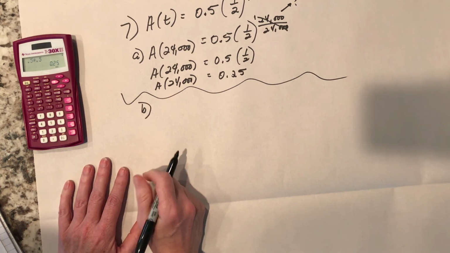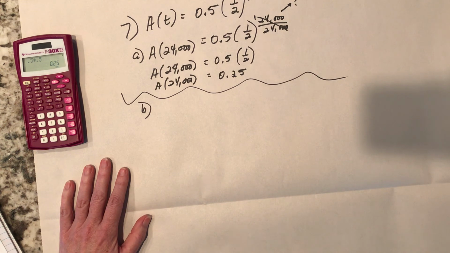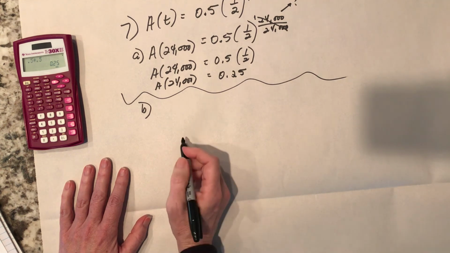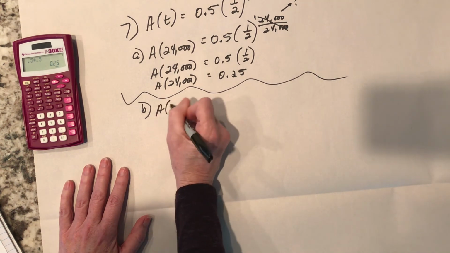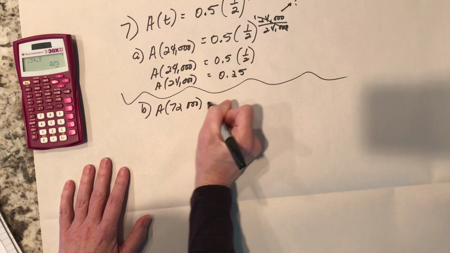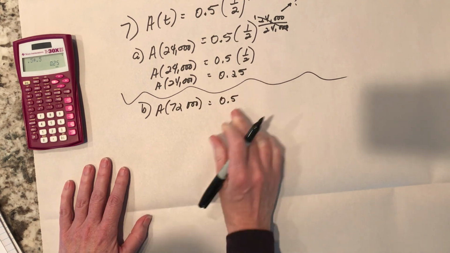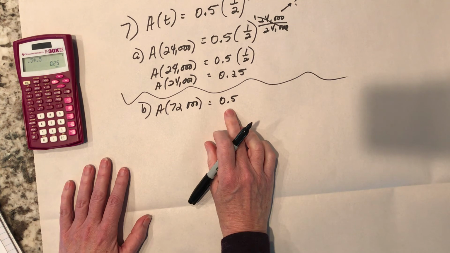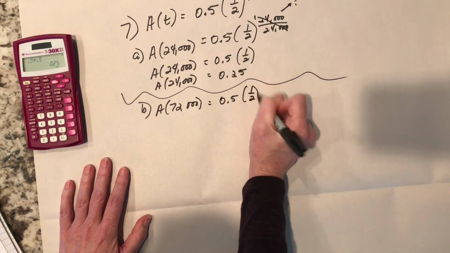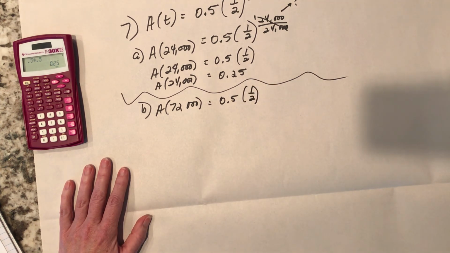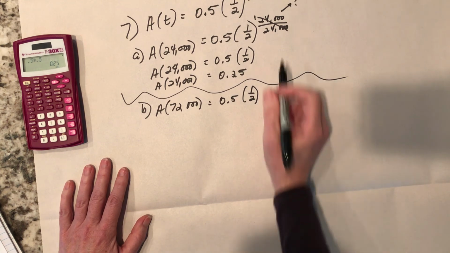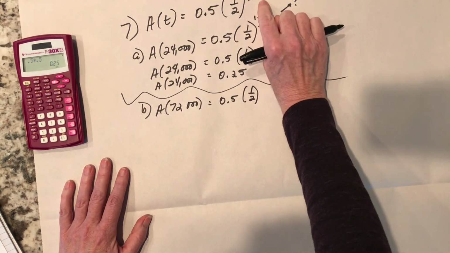Let's look at B. B is doing the same exact question, except we're talking about 72,000 years later. So A of 72,000, here we've got our half of a kilogram of plutonium. We're looking to talk about its half-life, and we're going to raise it to an exponent. That exponent is T over 24,000.